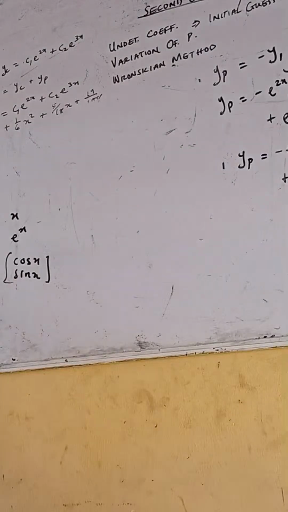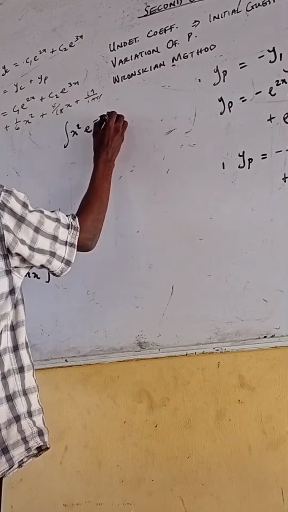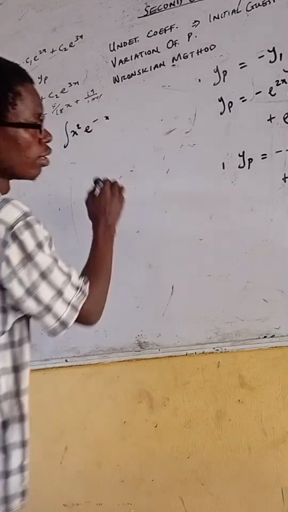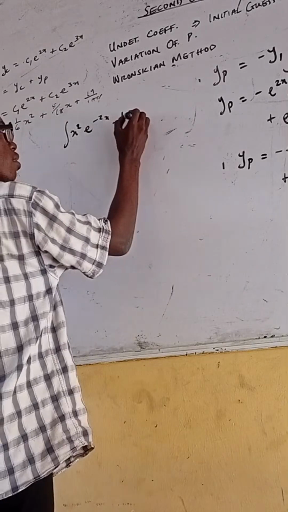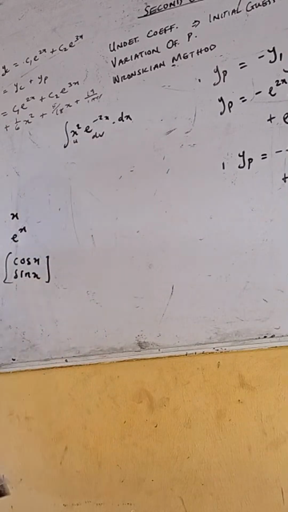I have it here, don't worry. Thank God you're writing it. So integrating the integral of x squared e to the minus 3x e to the minus 2x dx is my u dv.